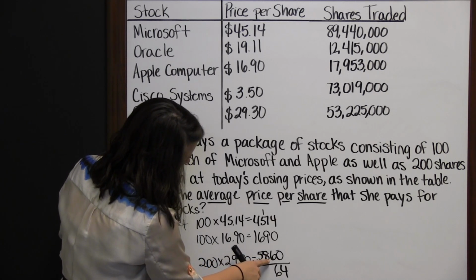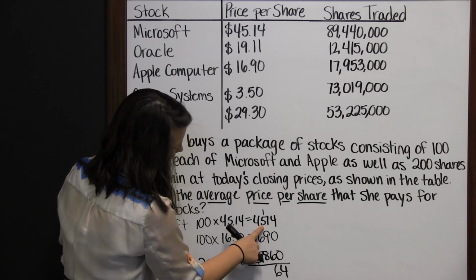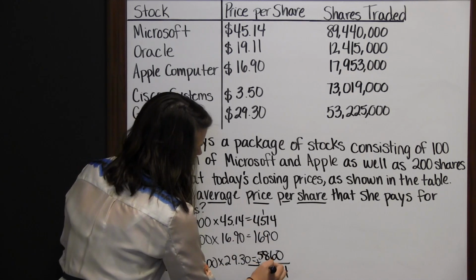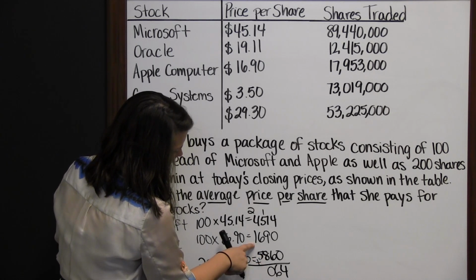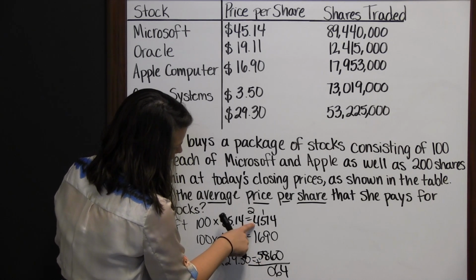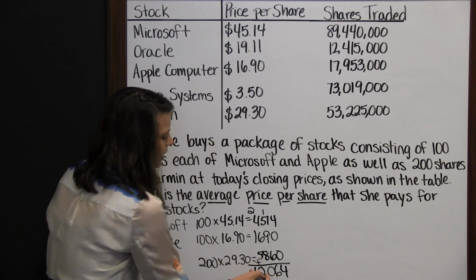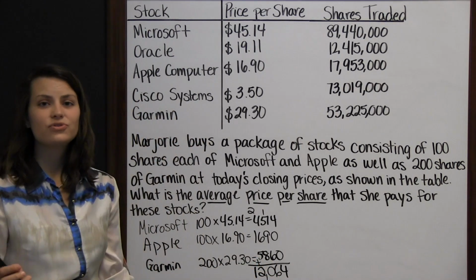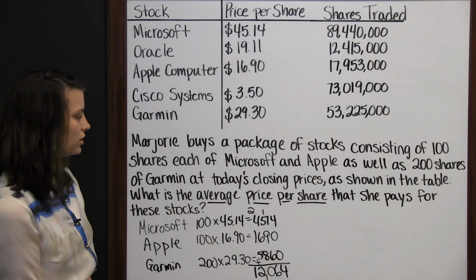And then we have 8 plus 6 is 14, plus 5 is 19, plus 1 is 20. 5 plus 1 is 6, plus 4 is 10, plus 2 is 12. So that means she spent a total of $12,064 on all of these stocks.